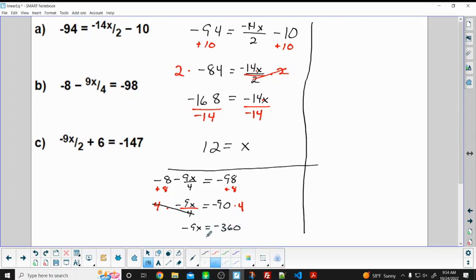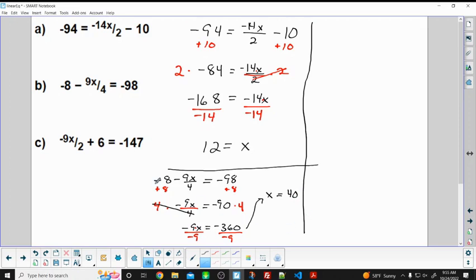And then I just have to undo that multiplication of negative 9. So divide by negative 9, divide by negative 9. And that is going to leave me with my answer of 1x, because dividing by a negative makes it positive, and 9 divided by 9 is 1, so it's 1x equals, and negative 360 divided by negative 9 is going to be positive 40.